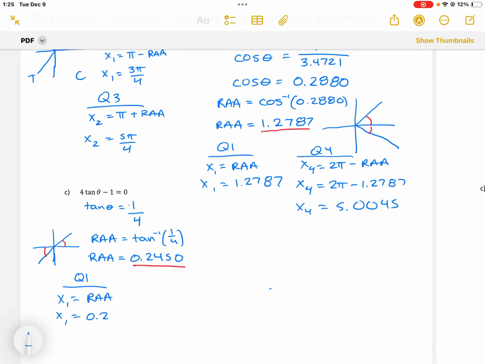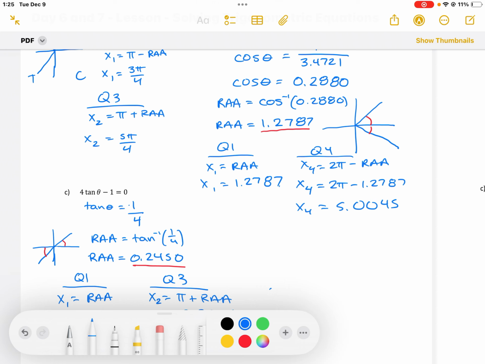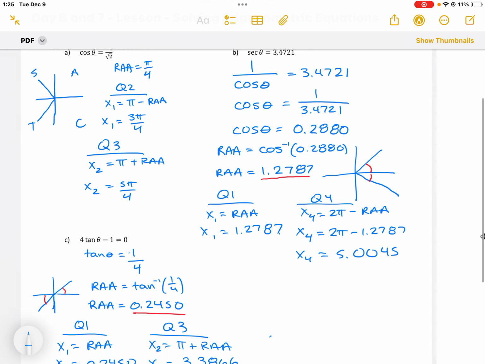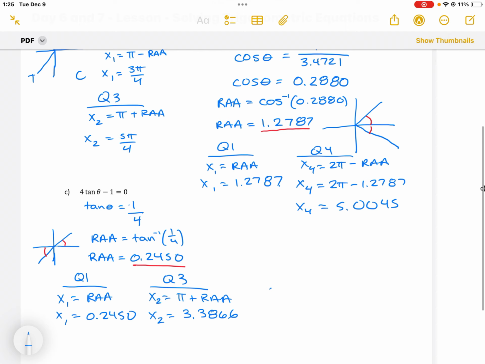So that means my first solution is 0.2450. And my third solution is equal to pi plus my related acute angle. And then my second solution is going to be 3.3866.